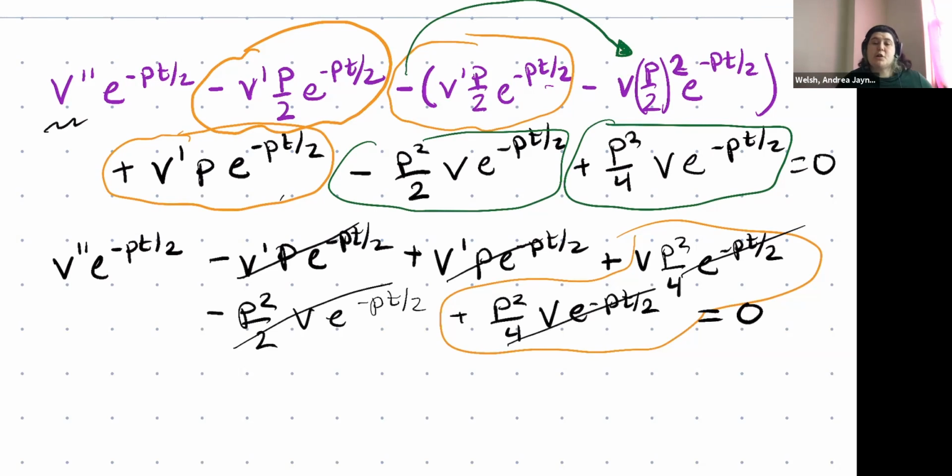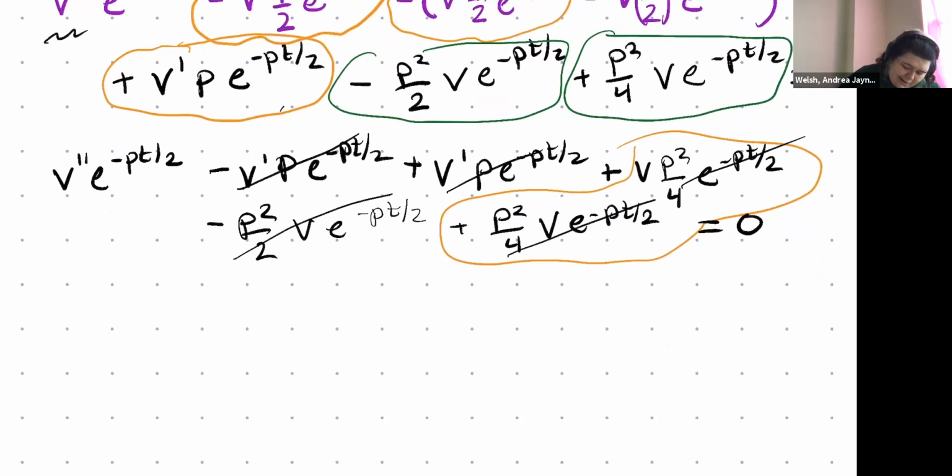So those three terms together end up canceling. So we started with something that was pretty complicated, but we actually end up getting something that's not as complicated in the end. We get the second derivative of our unknown function times this exponential equals 0.